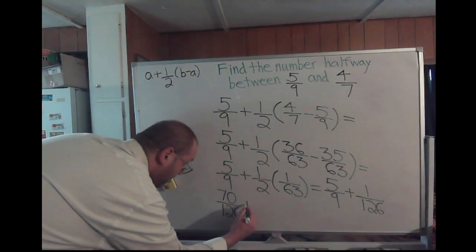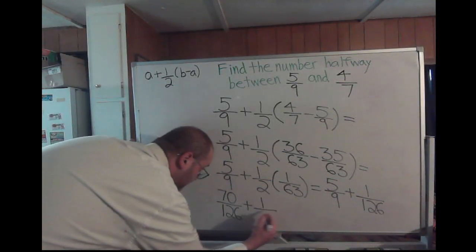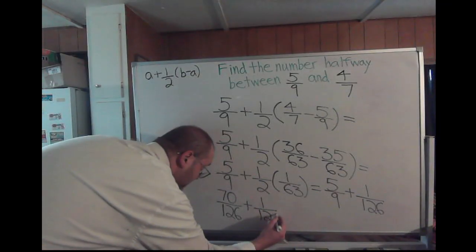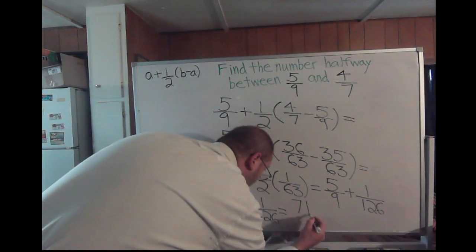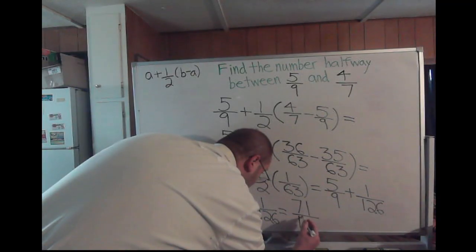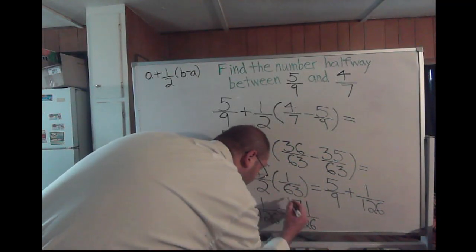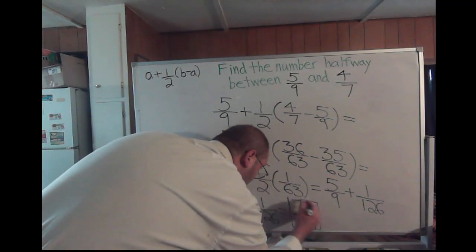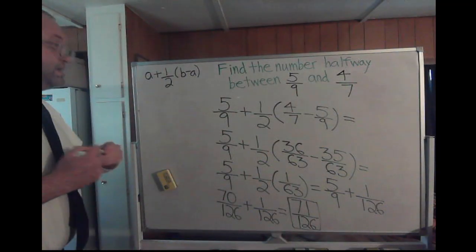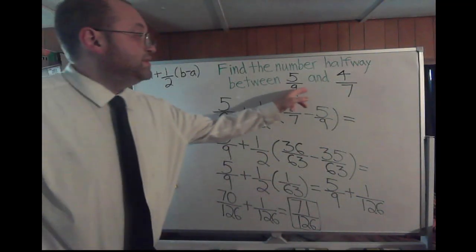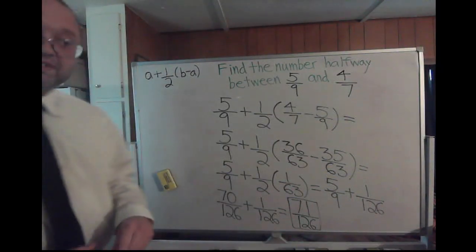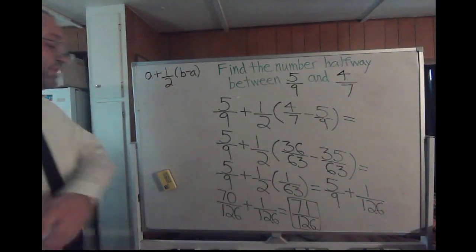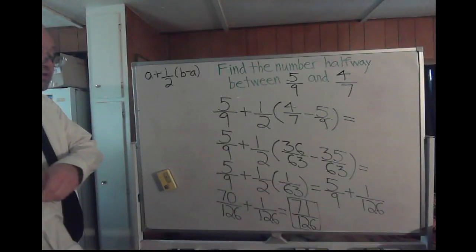Plus you'll have that 1 over 126. Then to add all these together, you'll just get 71 over 126. And that would be all you could do. They factor no further, so the number that rests halfway between 5/9 and 4/7 is going to be 71/126. And that would in fact be your answer.